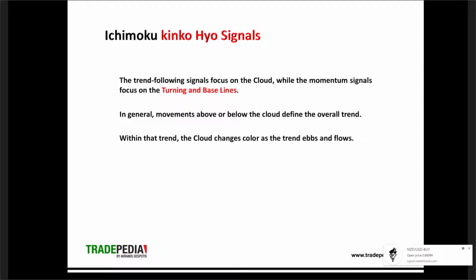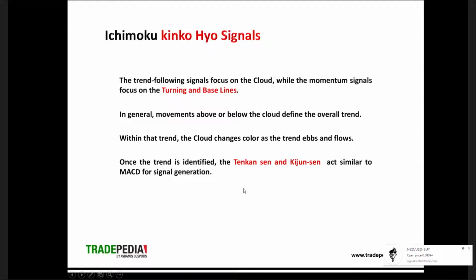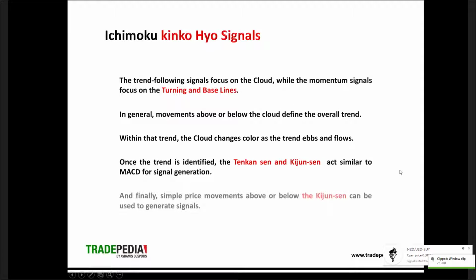Within that trend, as the cloud changes color, it strengthens or weakens that ongoing trend. Once the trend is identified, then Tenkan-sen and Kijun-sen act similar to MACD or moving averages for signal generation about entering and exiting. Finally, simple price movements above or below Kijun-sen can also be used to generate signals.